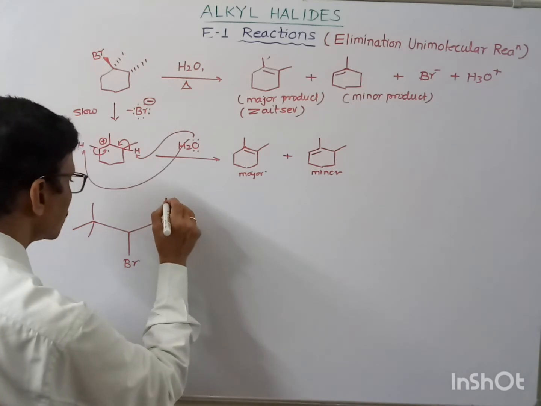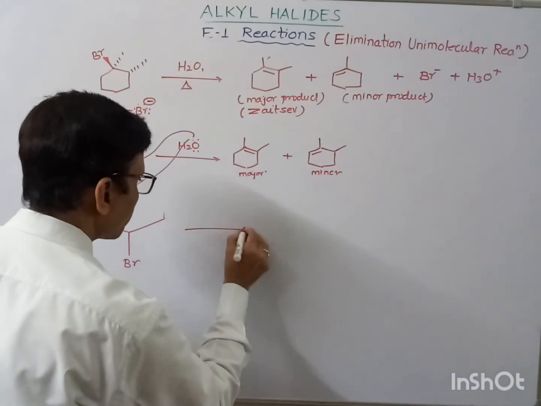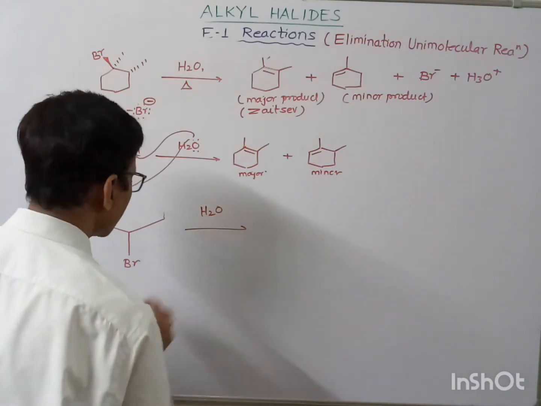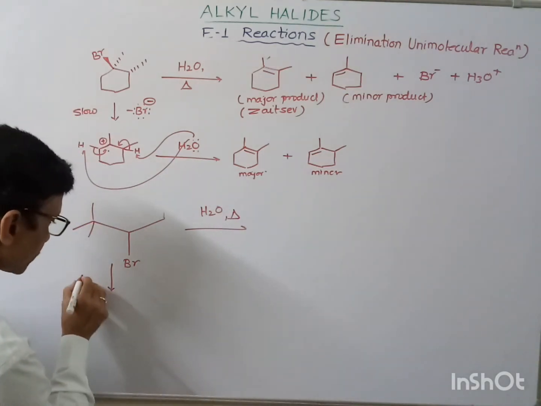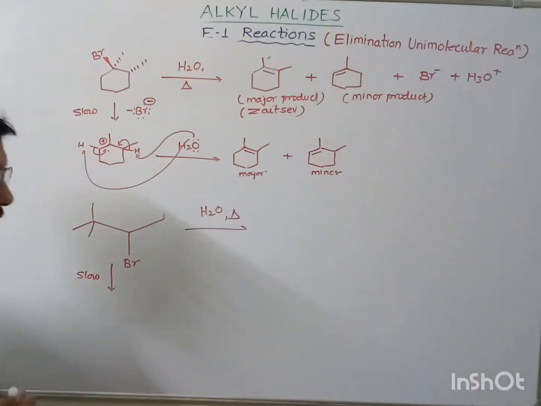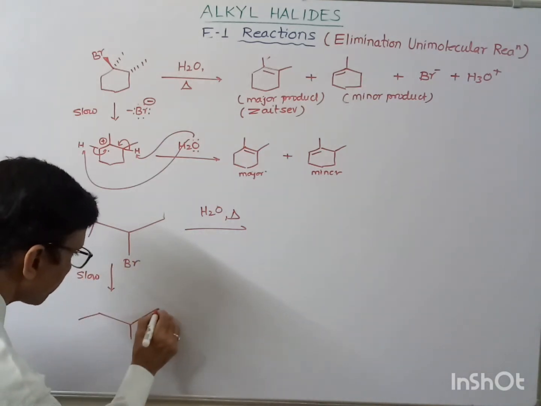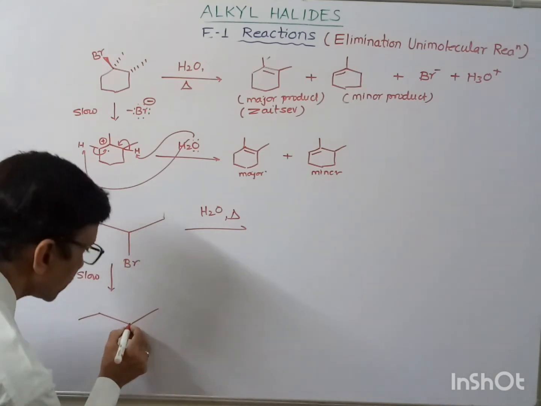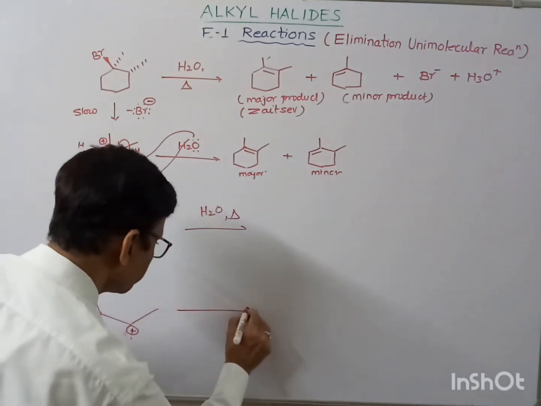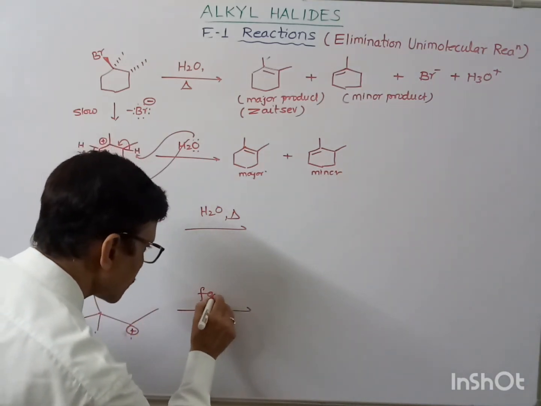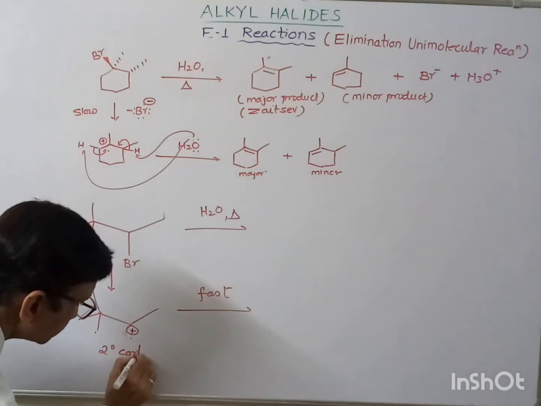In this case, in presence of water and heating, what product will we get? The first step, as I told, will be a slow step with the formation of this secondary carbocation. So the bromide ion will leave and the positive charge will come here.